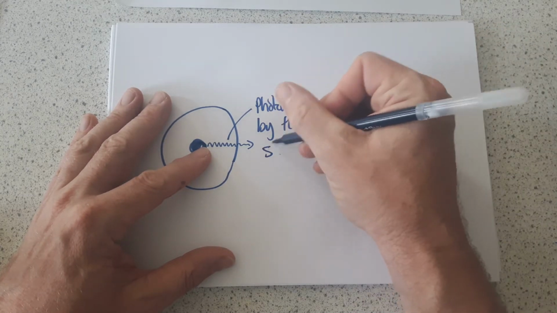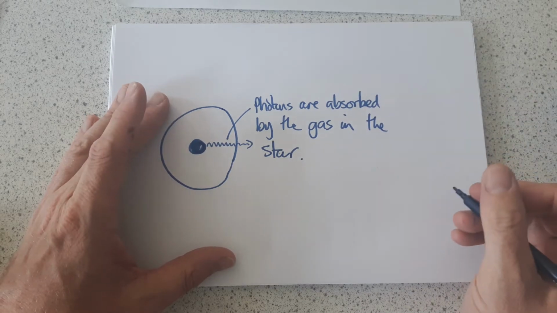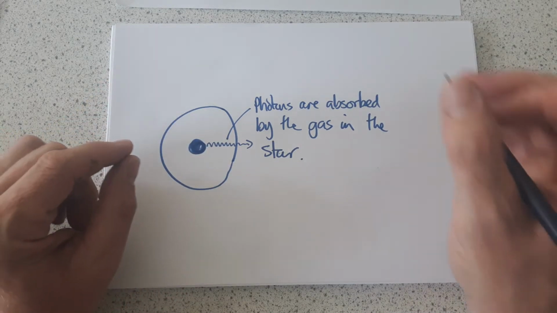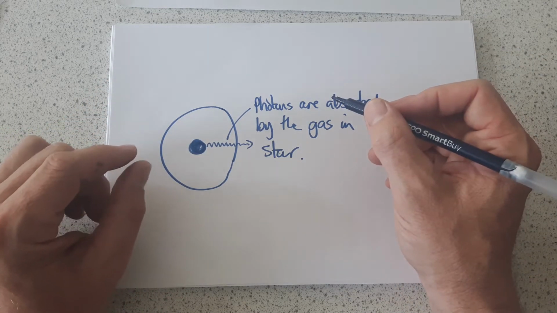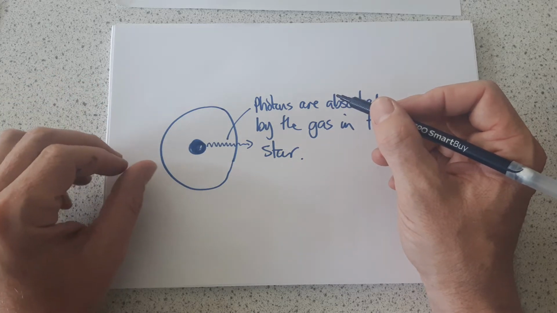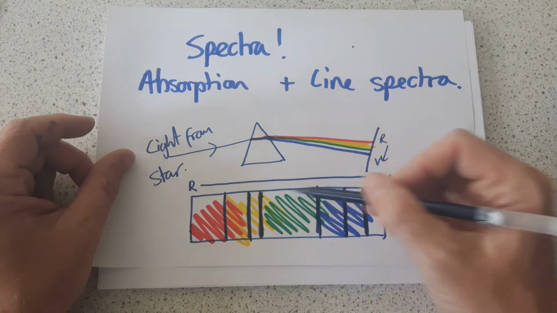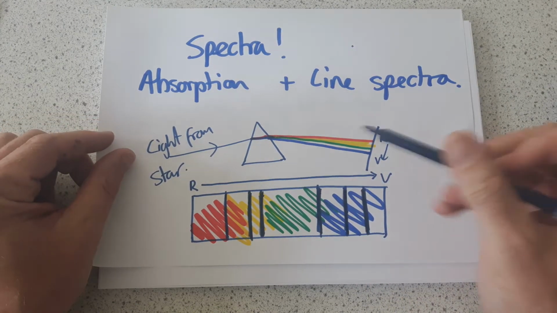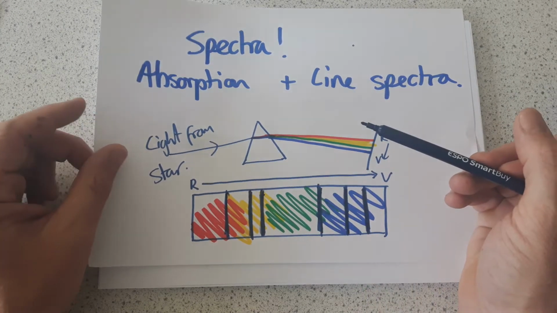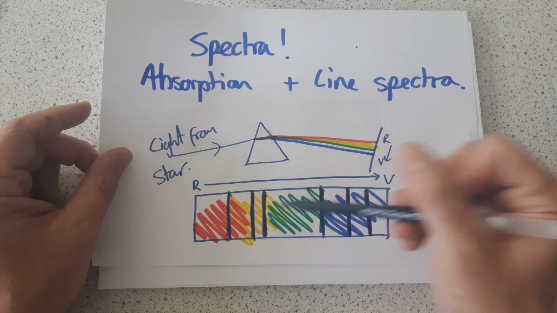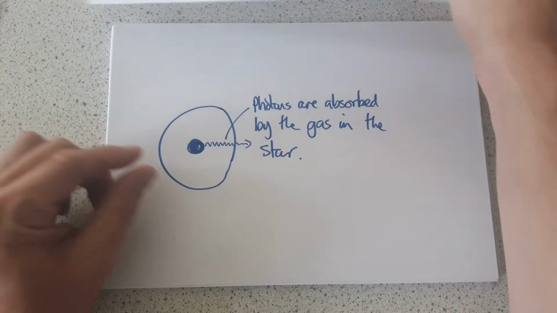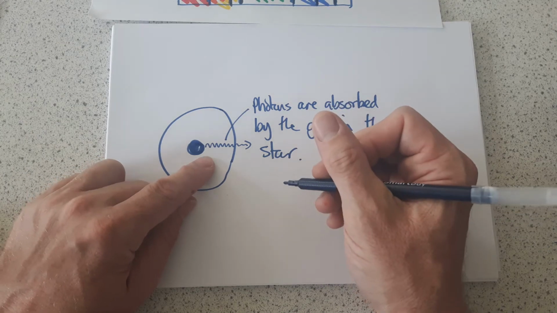This idea is very, very useful to scientists because these particular patterns, known as Fraunhofer lines, after Fraunhofer who first investigated them, represent something particular about the gases within the star.